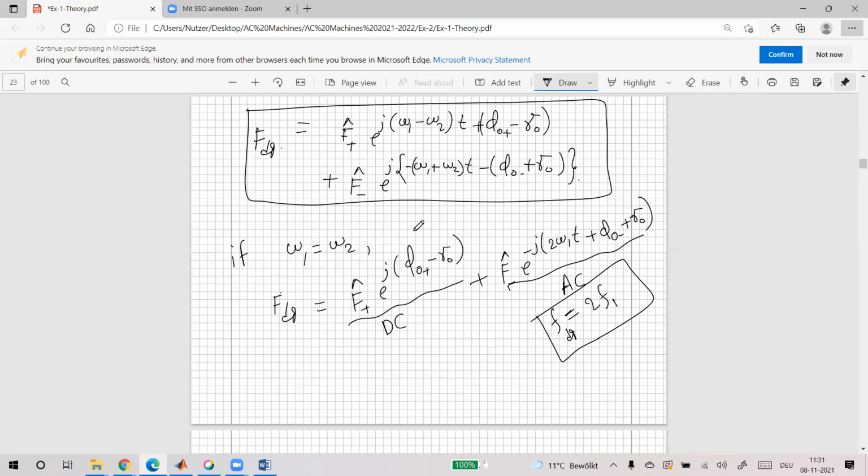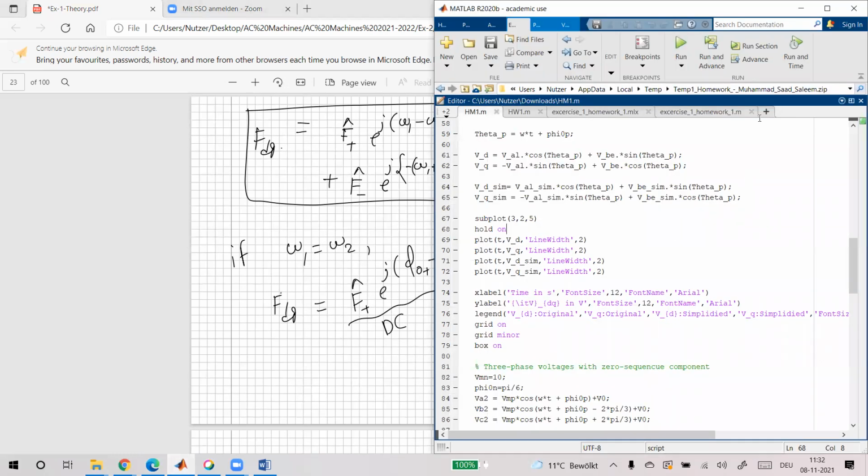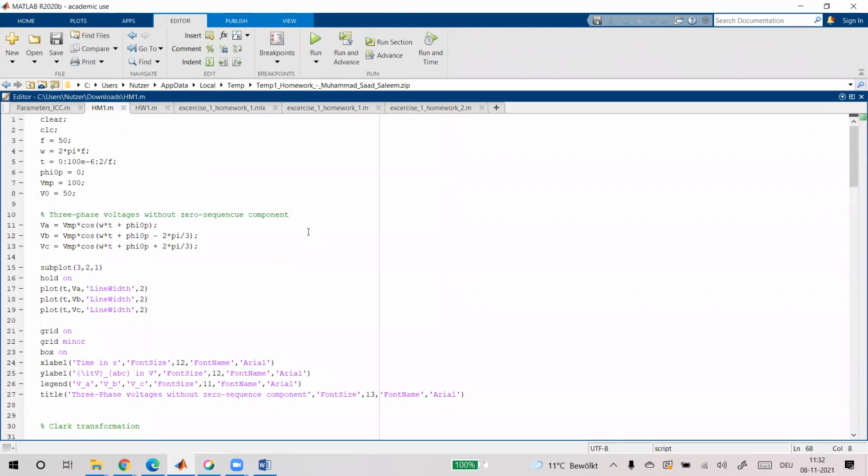Okay. Let's check these things. For example, if you have two positive sequences with different frequencies, but before going there, we would like to see some more graphs. I would like to use this graph itself.